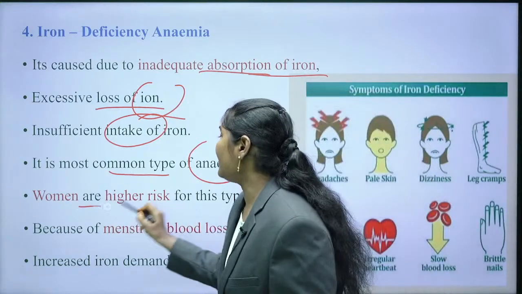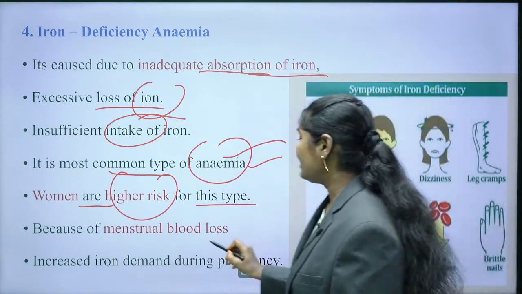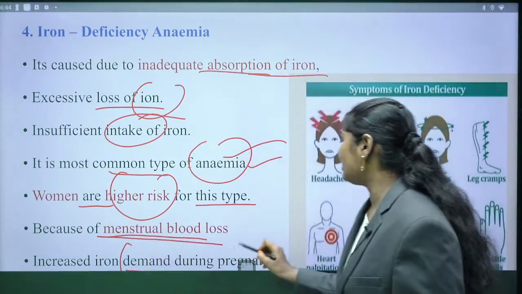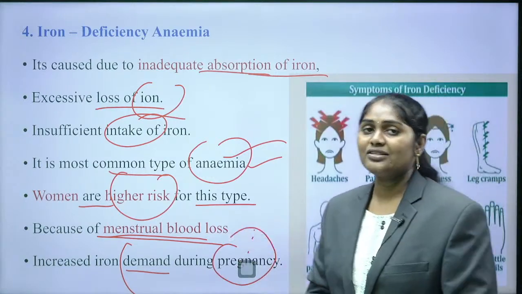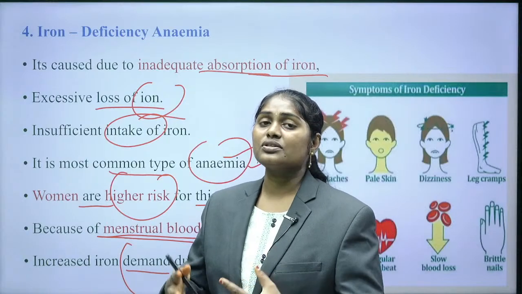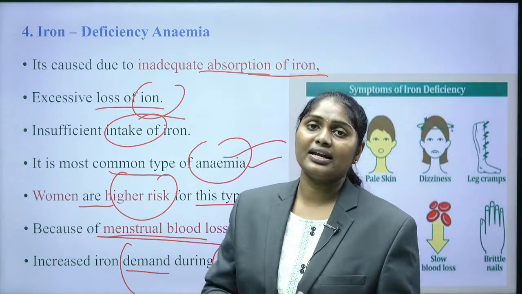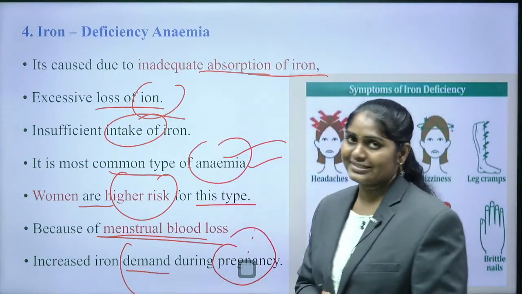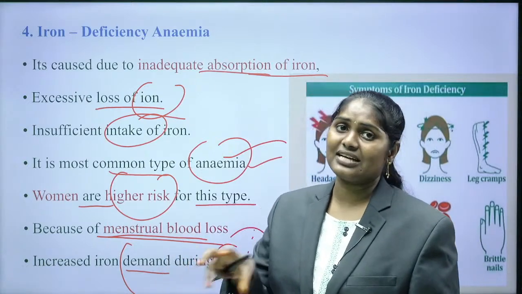Women are at high risk because of menstrual blood loss and increased iron demand during pregnancy. During pregnancy you need more iron. So women are more prone to iron deficiency anemia, and they are given iron tablets on priority.